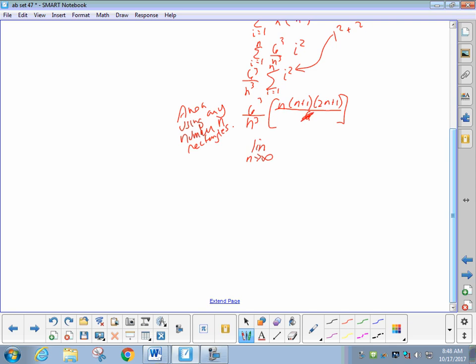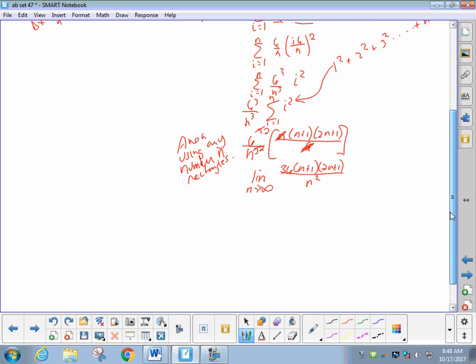If I take the number of rectangles to infinity, let's clean this up a little. I can divide a 6 out, wouldn't you say? And I could at least divide an n out. So let's go with the cleaner version: 36 times (n plus 1)(2n plus 1), that product over n squared. Sorry, I blanked out there.